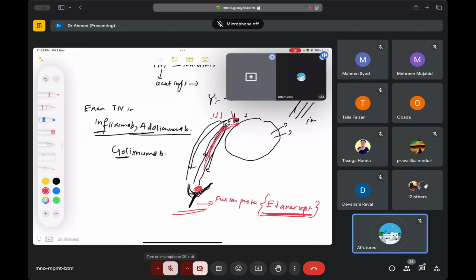It's an analog of this receptor. Simple. So infliximab is basically a chimeric form, that is like a non-humanized form, and the other two are humanized forms.